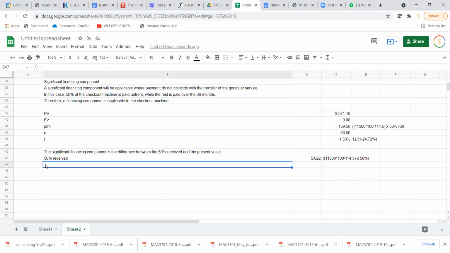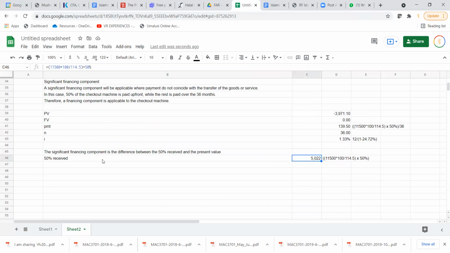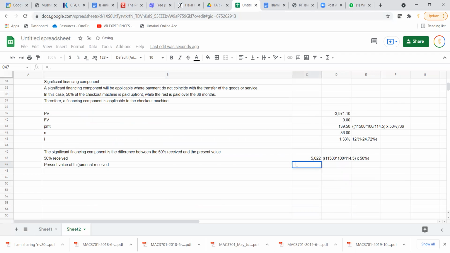Then we're going to say, so remember, the significant financing component is the difference between 50% received and the present value. So the actual amount received was that. The present value is equal to that.